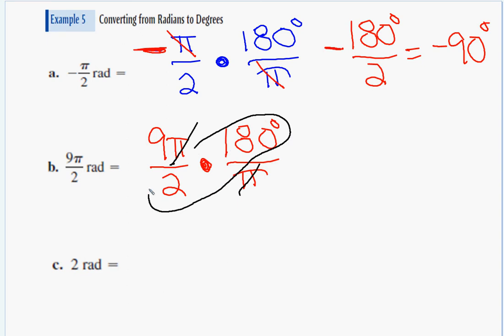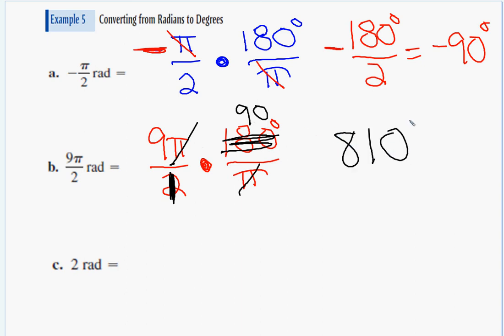If we divide the diagonal by 2, 2 divided by 2 is 1, and then 180 divided by 2 is 90. So that becomes 9 times 90, and that is 810 degrees. So 9 pi over 2 radians is the same as 810 degrees.